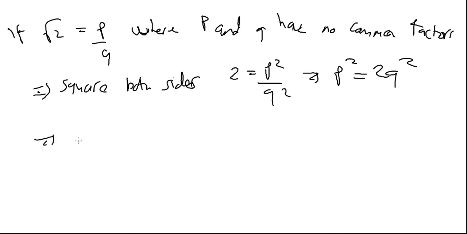So that implies that p squared is even, because it's equal to 2q squared. So then that means that p is even, because that's the only way you can get p squared even.